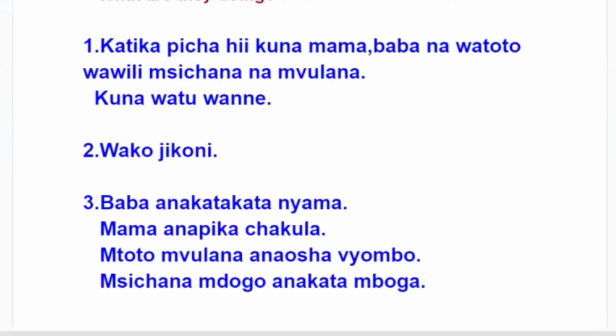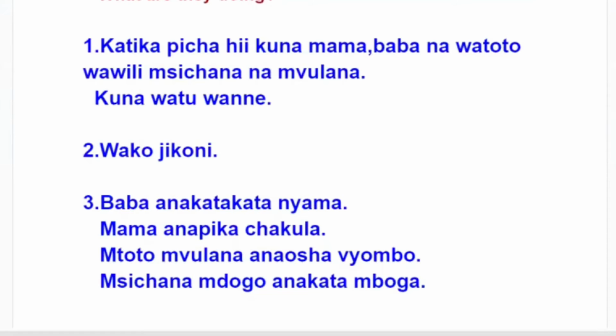I'm going to translate for you slowly. Katika picha hii, in this picture. In Swahili we just say picha, which is close to English. Katika picha hii, in this picture, there is mama, mother, baba, father, na watoto wawili, and two children, a girl and a boy.